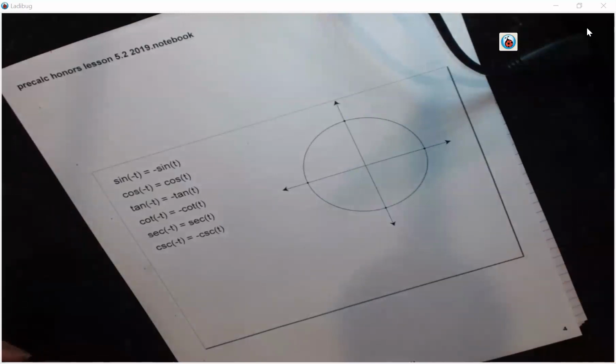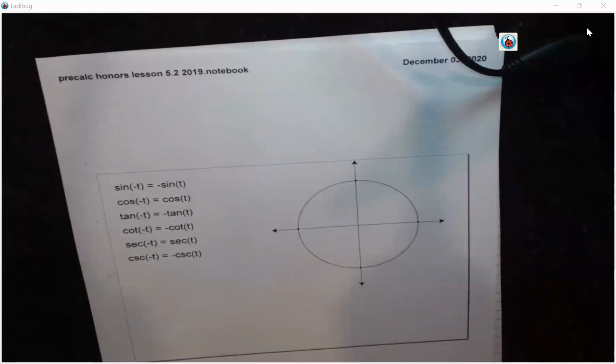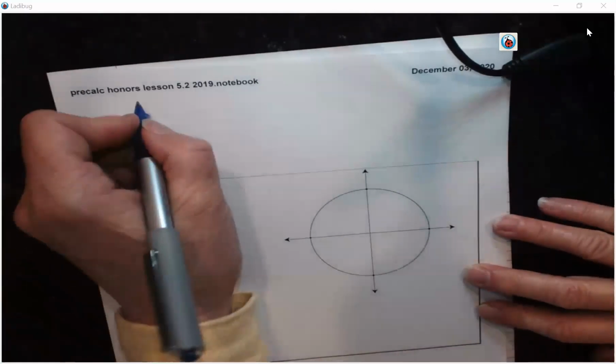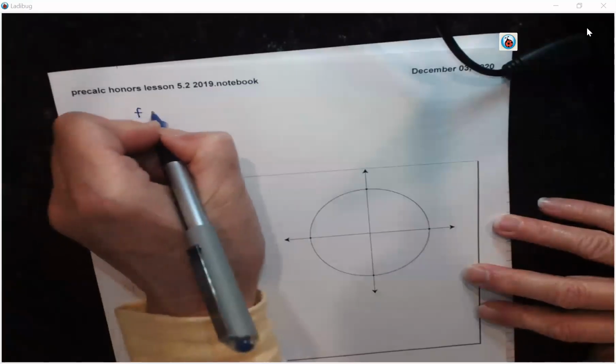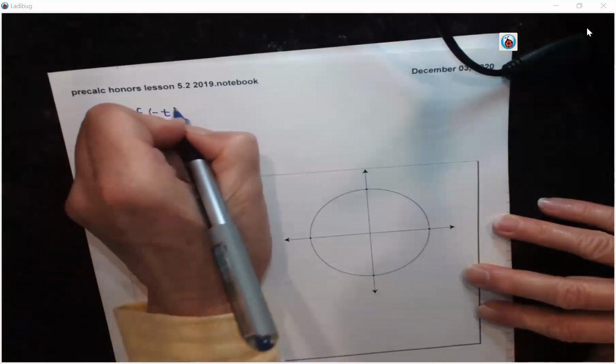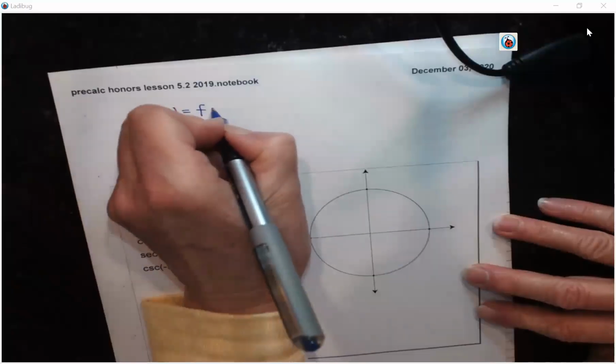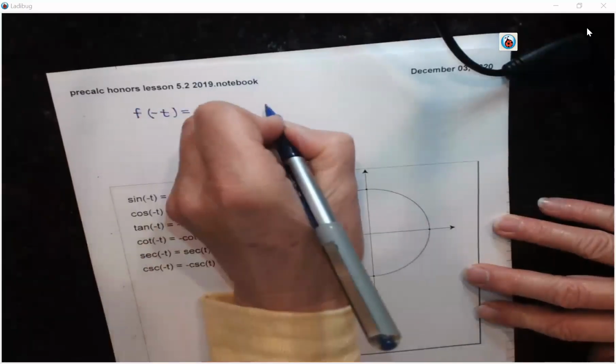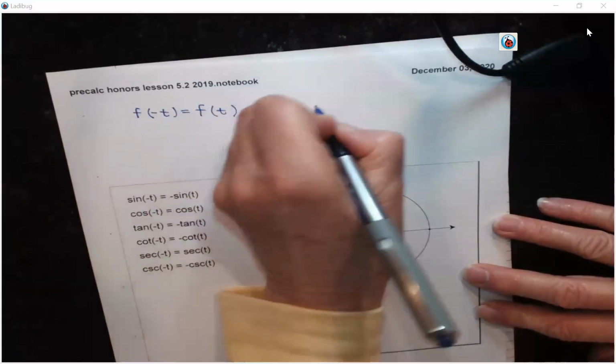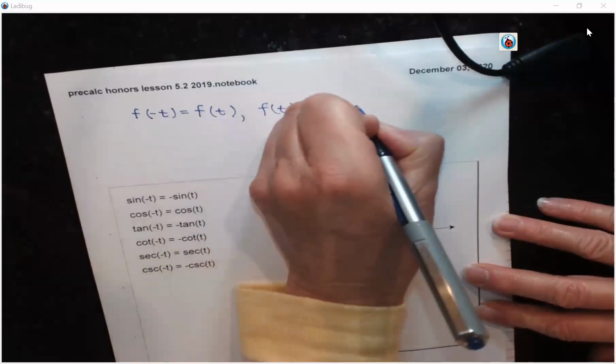Okay, we're going to move on to odd and evenness here. It says the sine of -t is equal to the negative of the sine of t. That should sound like something you've heard before. In the past, if we had f of -t equal to f of positive t, then f of t is an even function.